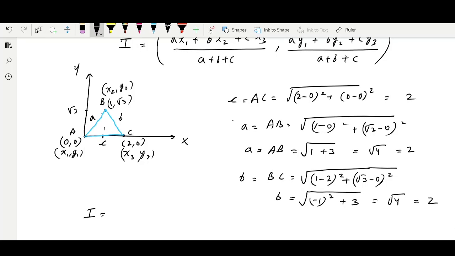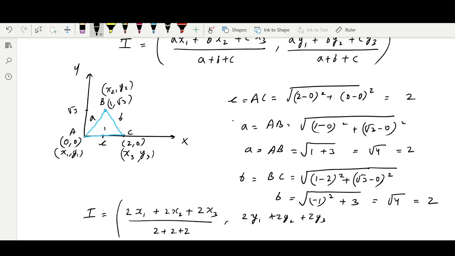Now let's put it in the formula of the incentre. We'll get (2x1 plus 2x2 plus 2x3) by (2 plus 2 plus 2), comma (2y1 plus 2y2 plus 2y3) by (2 plus 2 plus 2).